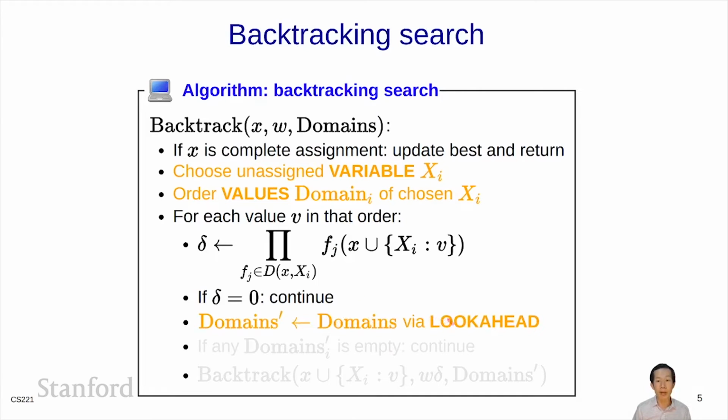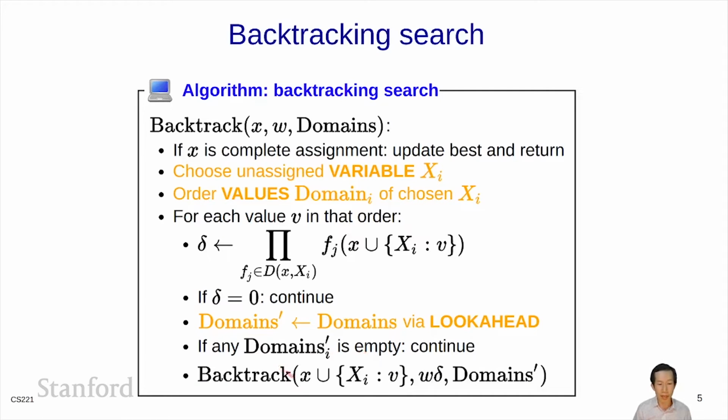We're going to do this thing called lookahead, which takes the domains and tries to reduce them, tries to prune away things based on this new assignment xi equals v. So now, if any of these domains become empty, then we can again prune and stop recursing. Otherwise, we're going to recurse and backtrack on this extended assignment with this updated weight w times delta and the new domains that we've computed.